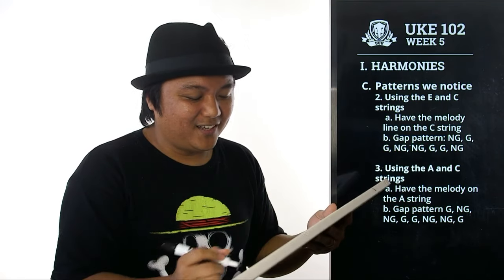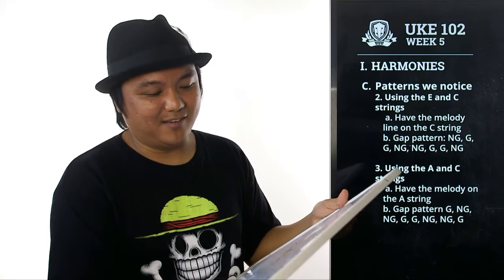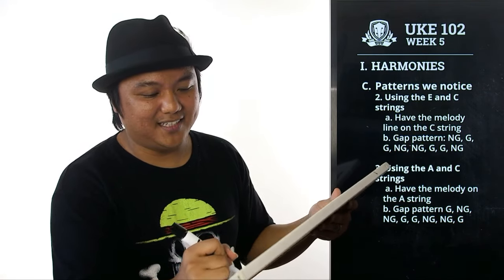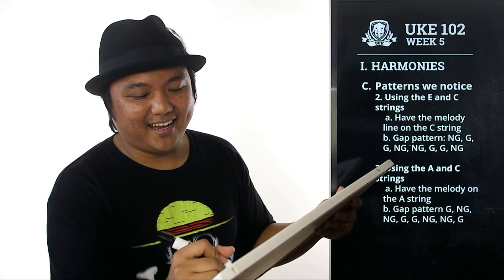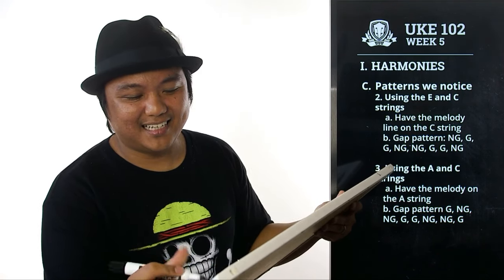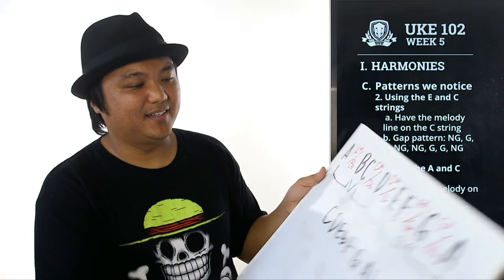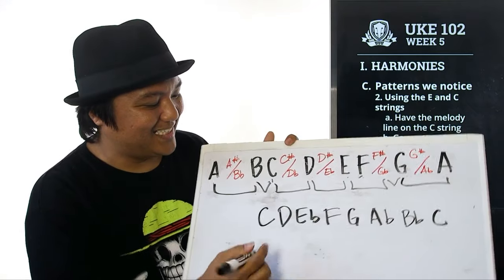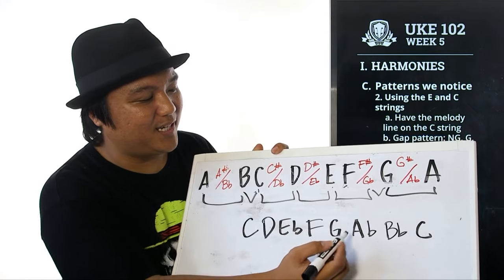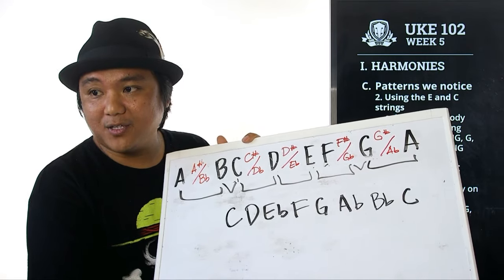So C, D, E flat, F, G, A flat, B flat, C is our C minor scale.